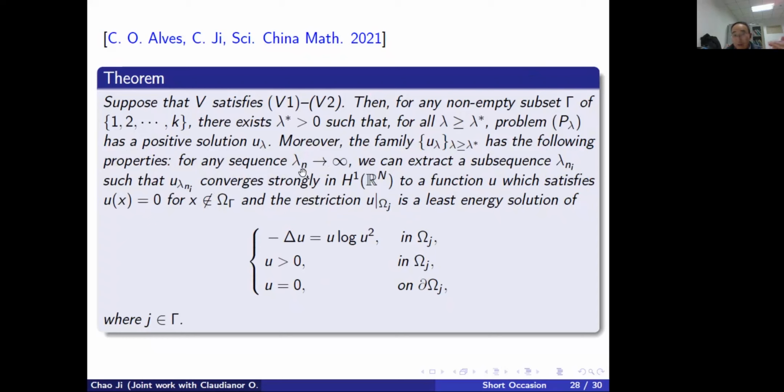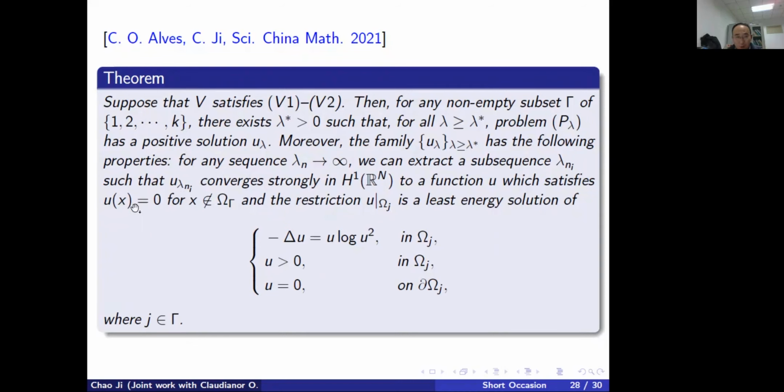And if lambda is big enough, u lambda almost equals 0 if x does not belong to omega 1 and omega 2. That is, if x belongs to omega 3, 4 up to omega k, u lambda almost equals 0.